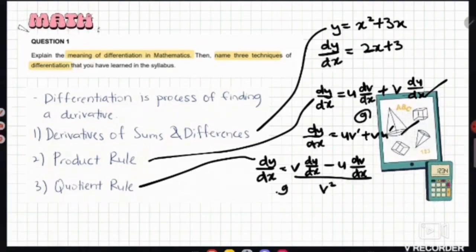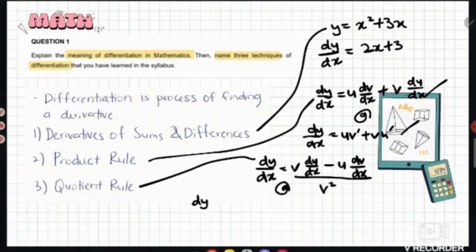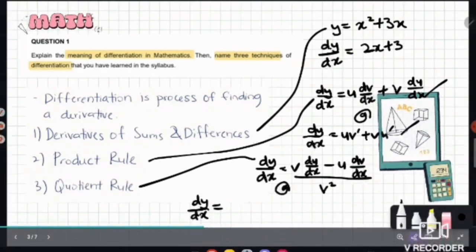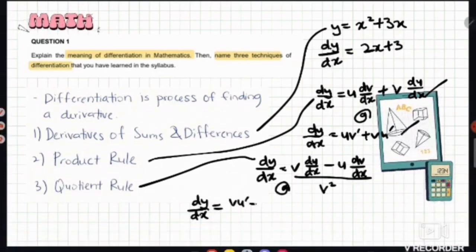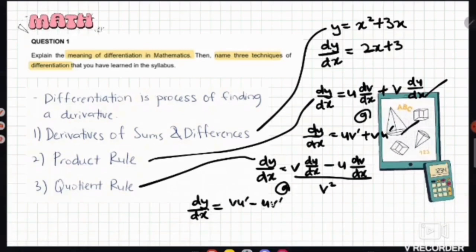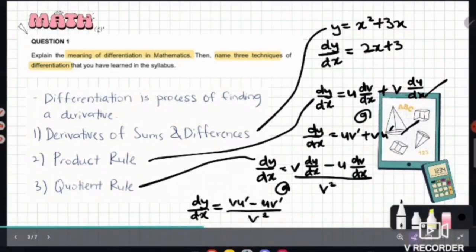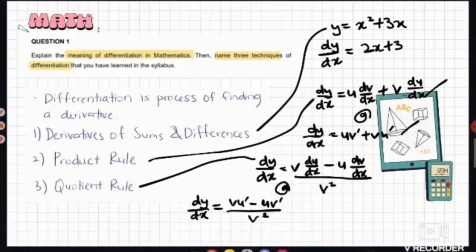Or you can use another formula, the simplest one, dy/dx equals v u prime minus u v prime over v squared. So these are my explanations for question 1.